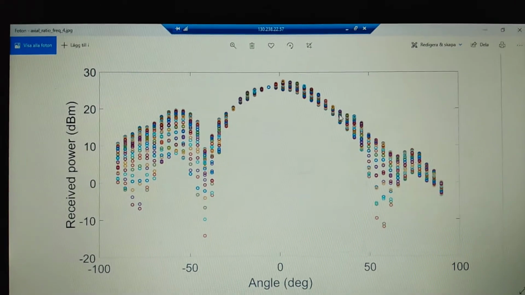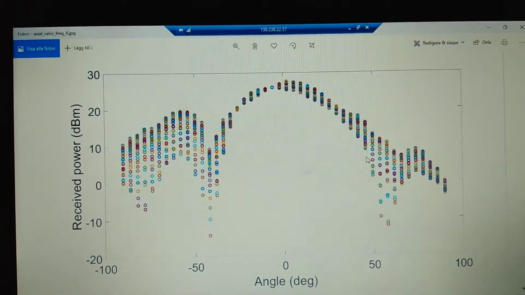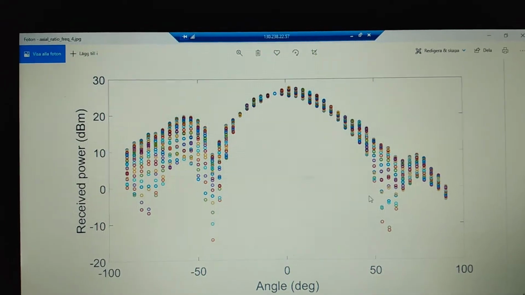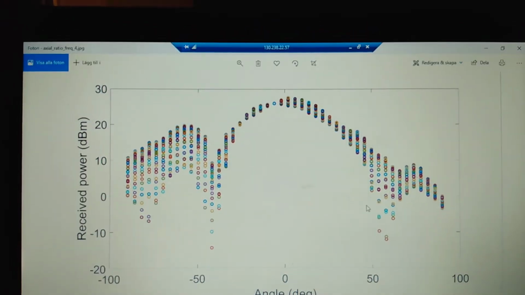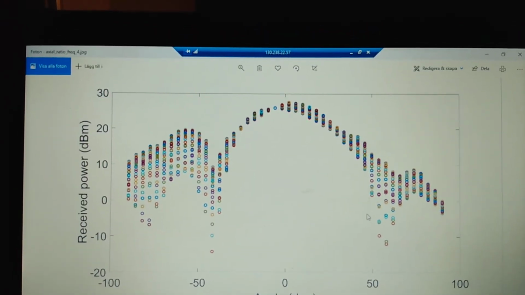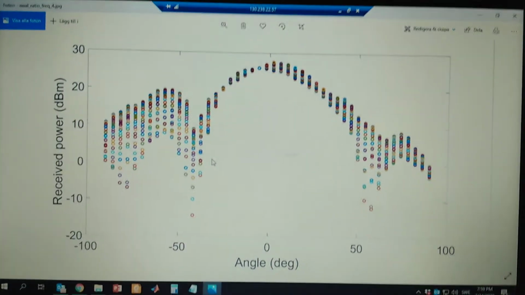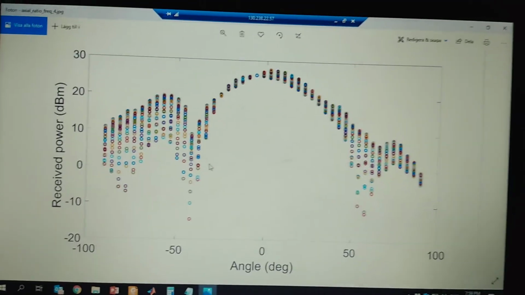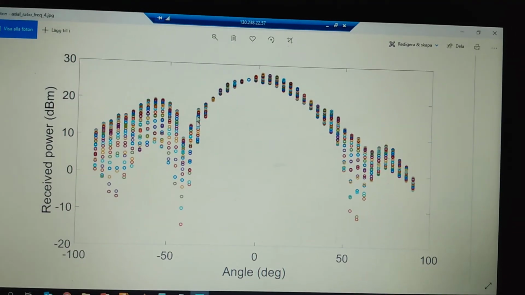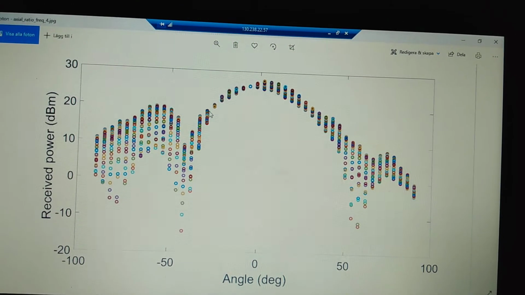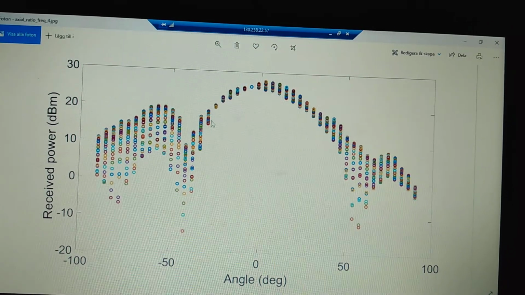And you see here when we go more away from the broad side, the positive side as well as the negative side, the axial ratio gets worse. And axial ratio is actually the difference of the upper value and the lower value.